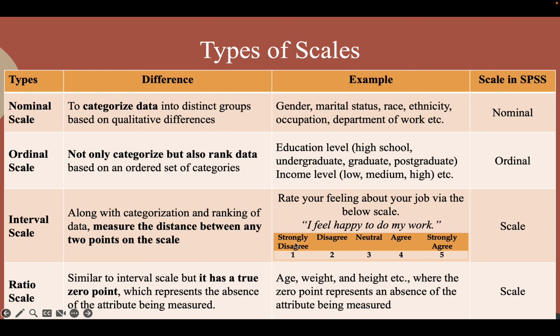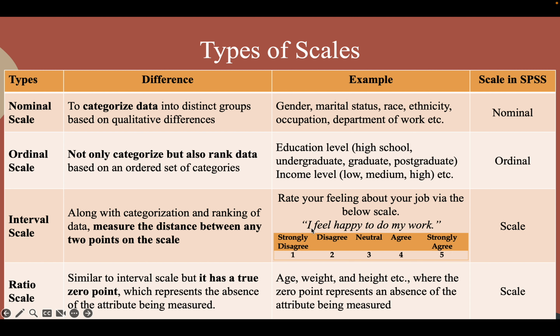The scale is strongly disagree and strongly agree. The distinguishing feature of the scale is to measure the distance between any 2 points on the scale. So in this particular scale, the 2 points are strongly disagree and strongly agree.